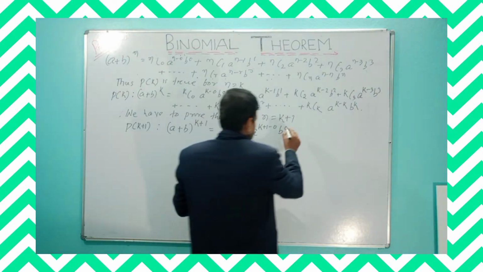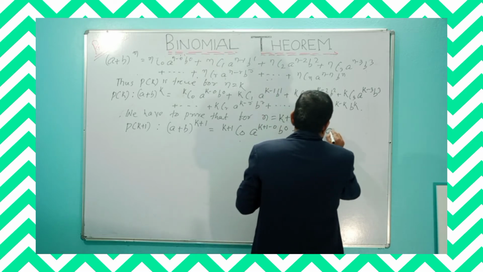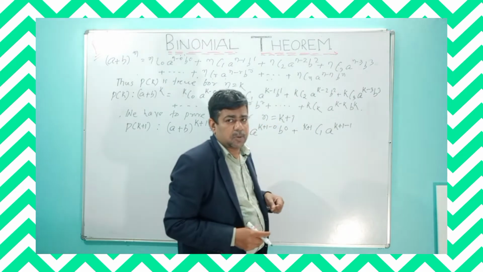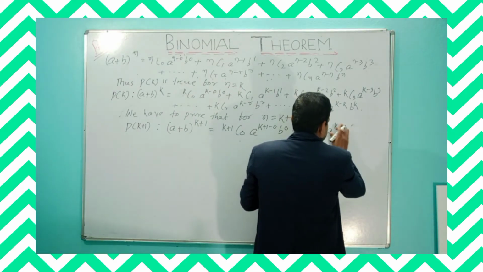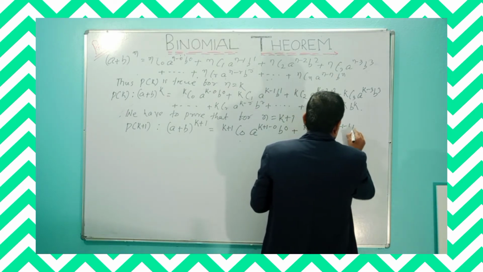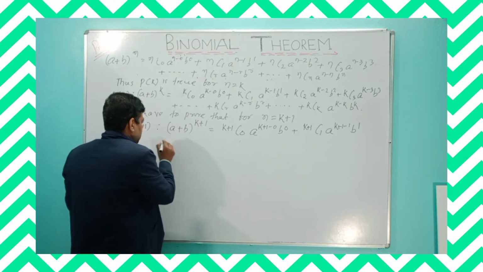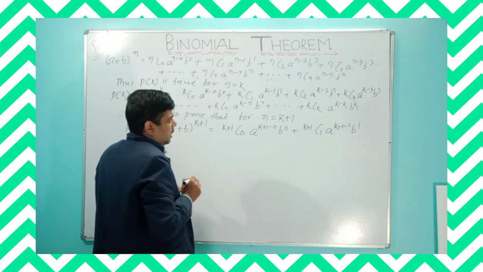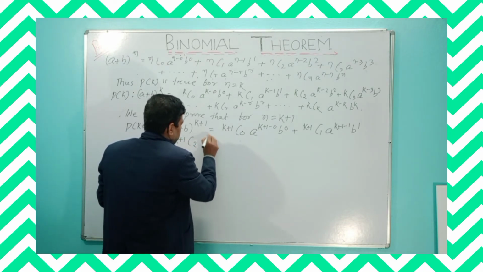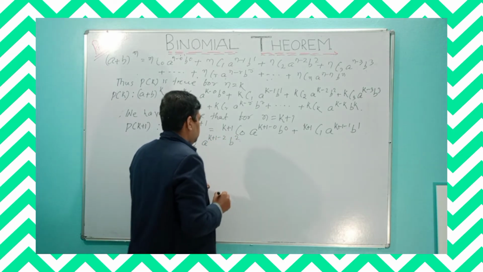Here you see plus k plus 1 C1, a to the power k plus 1 minus 1. K plus 1 minus 1, what is the value? It will be k. Yes or no? And b to the power 1. Similarly, plus k plus 1 C2, a to the power k plus 1 minus 2 and b to the power 2.